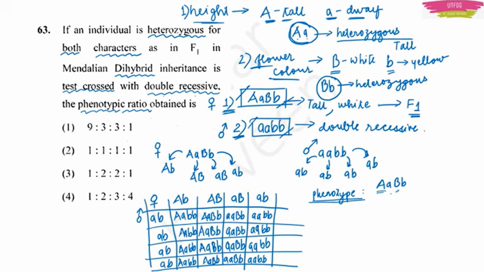And then we'll get capital A is for tall and capital B is for white. So how many of such type are present? Capital A, capital B, small b. These 4 are present, 1, 2, 3 and 4. So 4 such types we are getting: tall, white flowered plant.